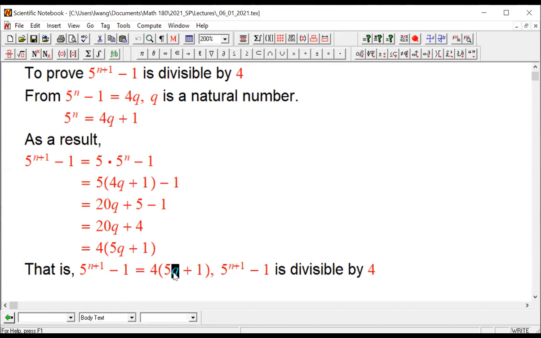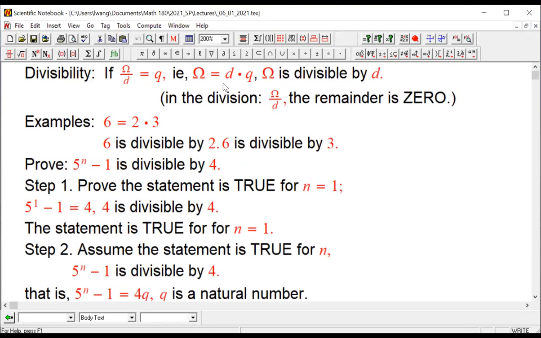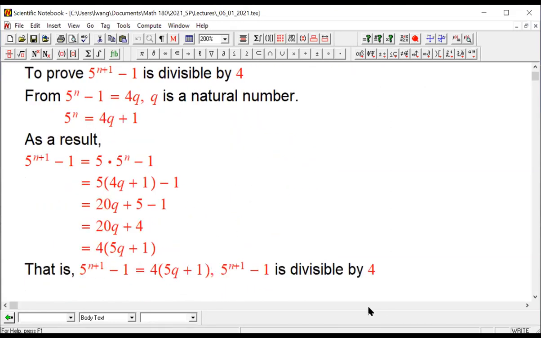Because if q is a natural number, 5 times q is a natural number, and 5q plus 1 is a natural number. So this is 4 times a natural number. So by our definition of divisibility, whenever you can write this form, you can always say omega is divisible by d. In our case, d is 4. You guys see how that definition applied?